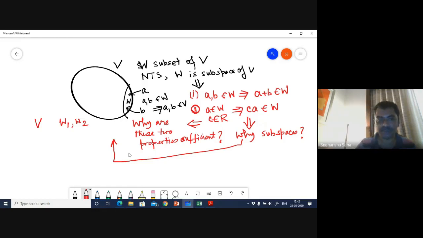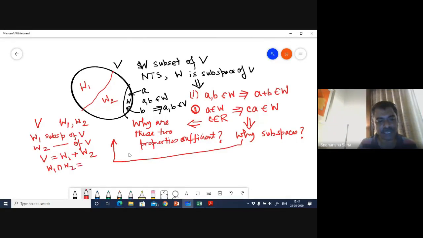Something like this: you have W1 here and W2 here. W1 is a subspace of V, W2 is also a subspace of V, and V is an algebraic sum of W1 plus W2 as a set, and W1 intersection W2 is null.